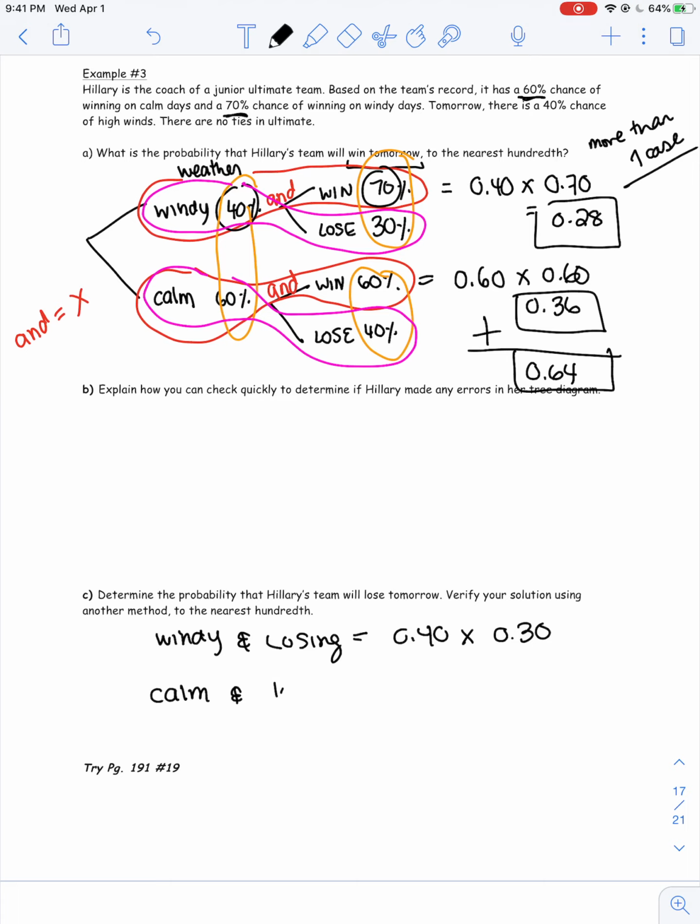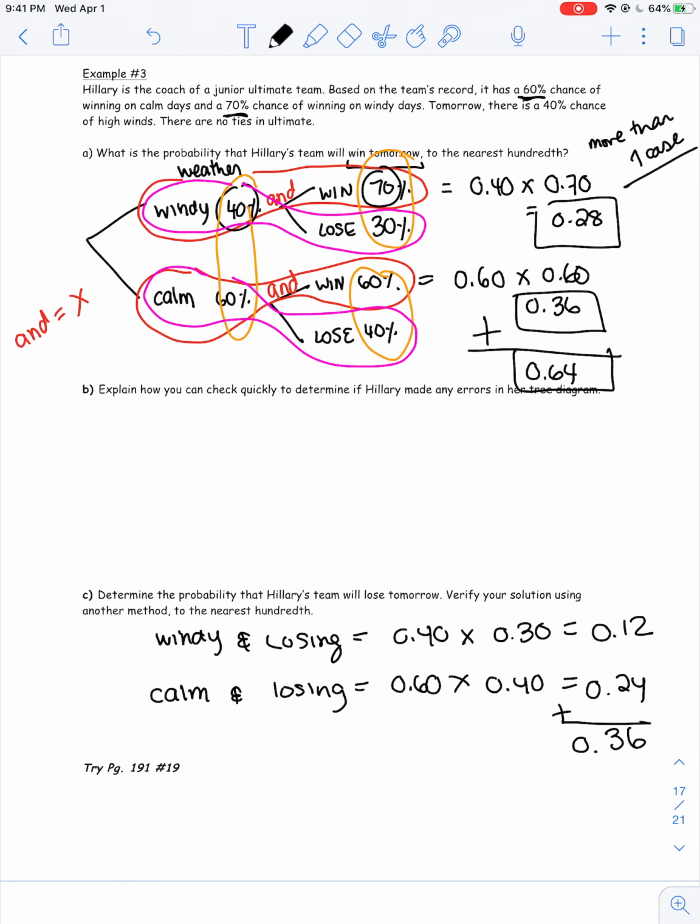And it can be calm and losing. And that would be 0.60 multiplied by 0.40. One answer would be 0.12 and one answer would be 0.24. If you add them together, you get 0.36.